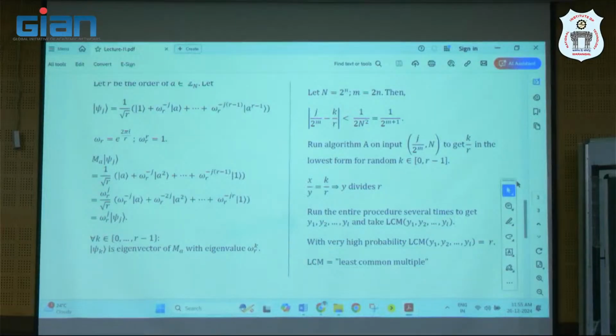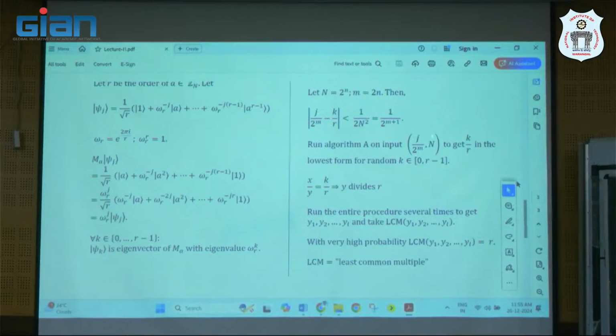Okay. So what are we going to do? We are going to run the continued fraction algorithm on what input? j over 2 to the m comma n. Remember what happened? We obtained j from the phase estimation algorithm, correct? We know m anyway. So j over 2 to the m comma n, capital N also we know. We run the continued fraction algorithm on this, correct?